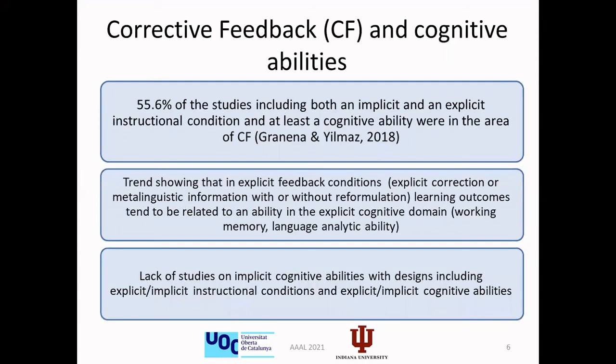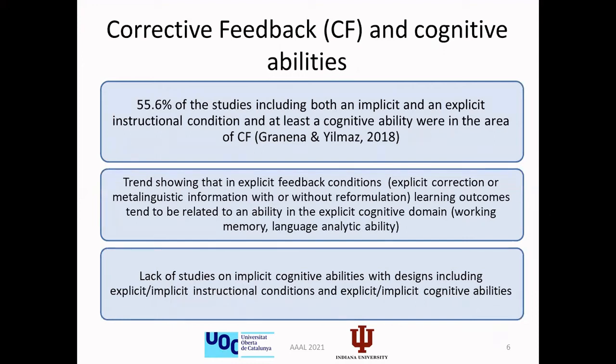A research synthesis that we carried out in 2018 on instructed SLA studies that included both an implicit and an explicit instructional condition and at least one cognitive ability showed that over 55% of these studies were in the area of corrective feedback. This suggests that corrective feedback has been one of the most frequently researched instructional features in relation to cognitive aptitudes.